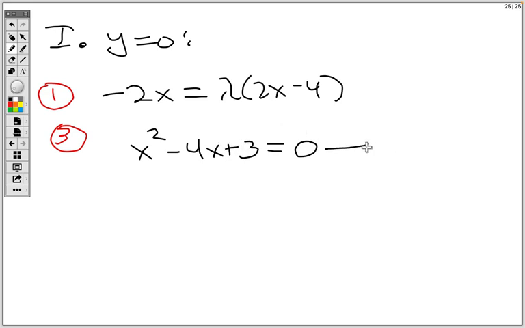We can solve this. How do you solve such an equation? Yeah, you factor it. Factors of 3 that add up to -4.